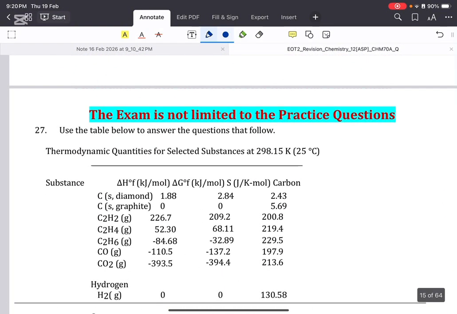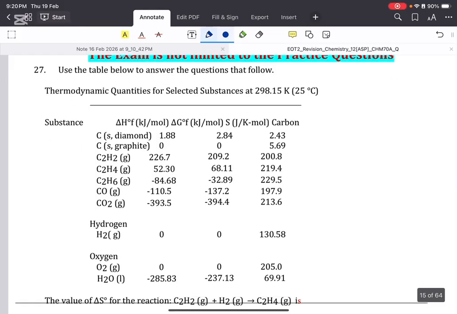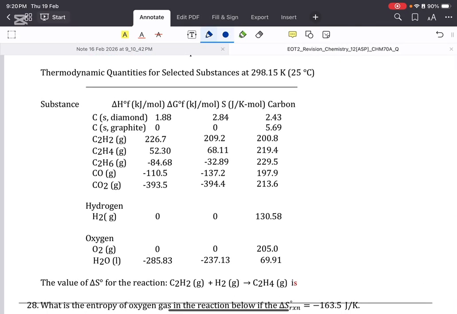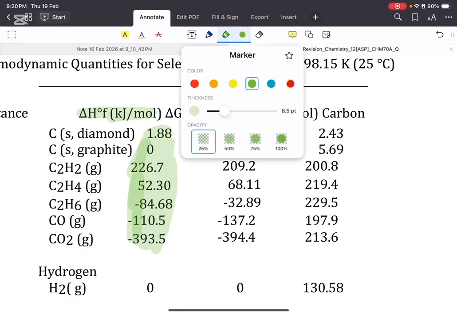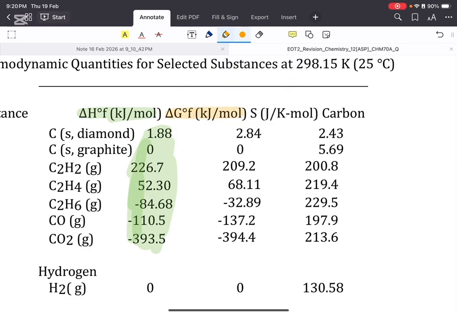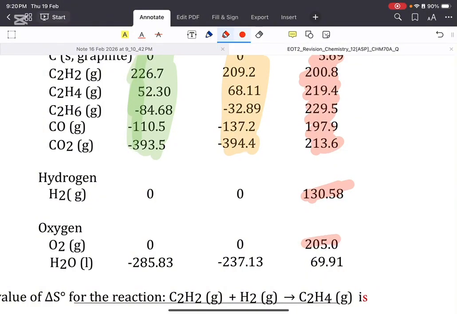Let's take another example. Use the table below to answer the questions that follow. Here the table is a bit shifted. Here is delta H, all of those are enthalpy of formation values. All of those here are Gibbs free energy of formation. And here is the entropy of each value.